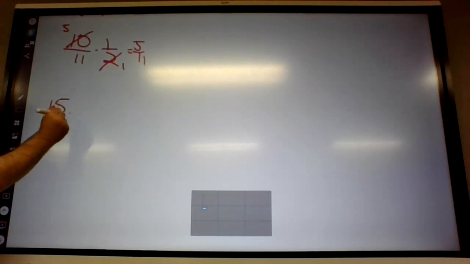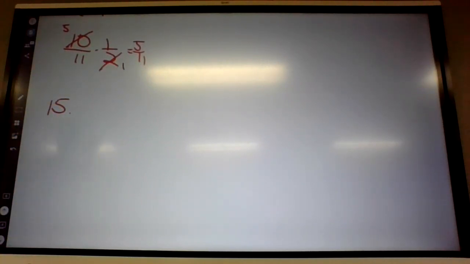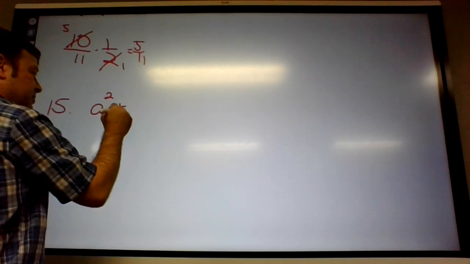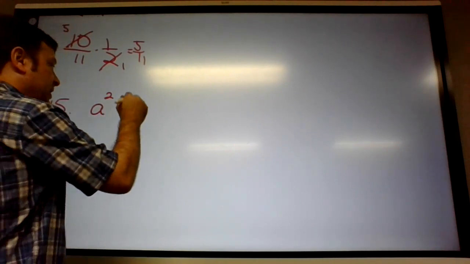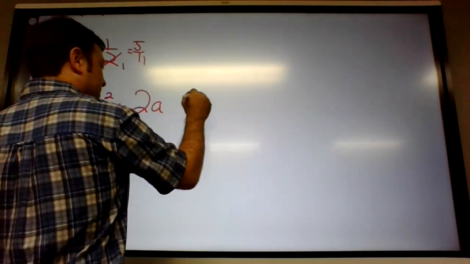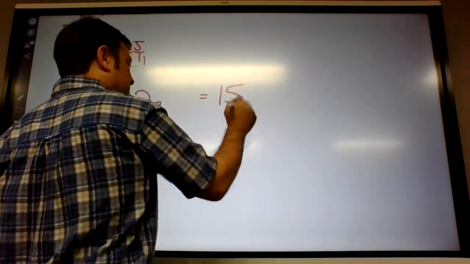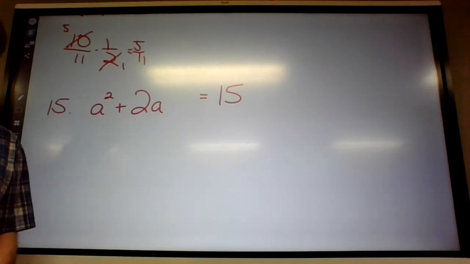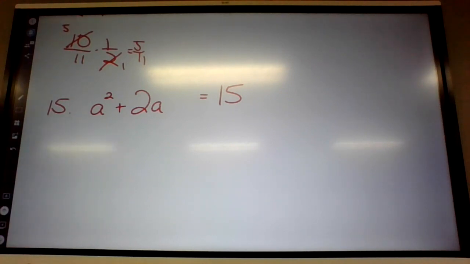Alright, next section. 15, solve by completing the square. Alright. So, you do need to show your work on these, and I wouldn't copy it down exactly like the book did it. It's a little bit easier if you leave a blank space between the 2a and the equals. All right.